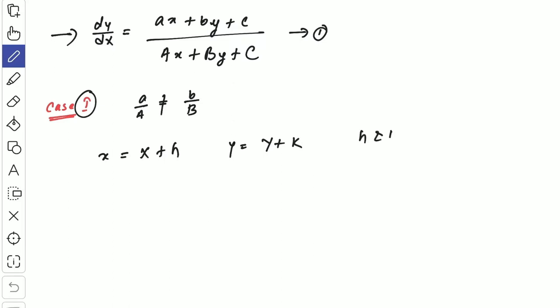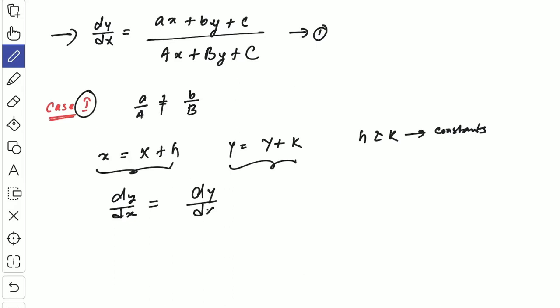Then if you consider these two, dy by dx, small d small y by d small x will be d capital Y by d capital X.